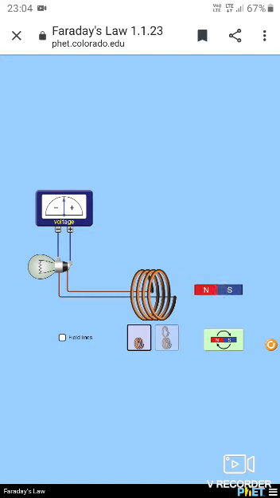Now, one more point you have to note here is the speed at which the magnet is moved inside and outside the coil. If I want a continuous supply of induced EMF in the circuit, then I have to move this magnet with a greater speed. As the speed of moving the magnet in and out of the coil increases, electric current is produced continuously, or the EMF is induced continuously.